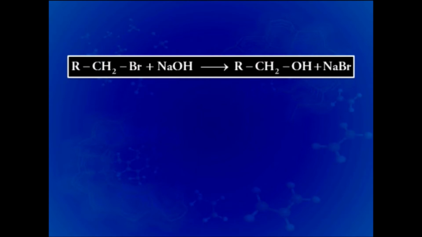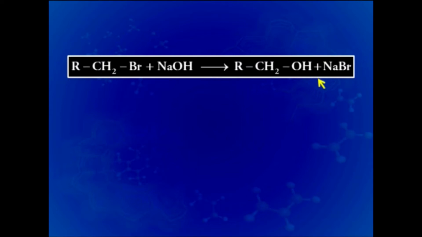What exactly is happening here? We can see that there is this CH2Br bond which is breaking. As a result, this bromine is getting eliminated and getting attached to the sodium of sodium hydroxide. In turn, what is the other thing happening?